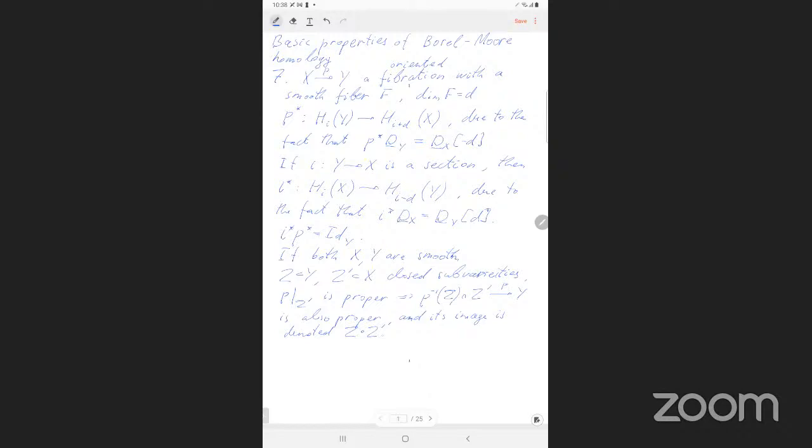Okay, so under all these conditions, for a class C in the Borel-Moore homology of Z, so on Y, and another class C prime in the Borel-Moore homology of Z prime, so in X, there is a projection formula: the push forward of the pullback of C cap product with C prime is C cap product with the push forward of C prime.